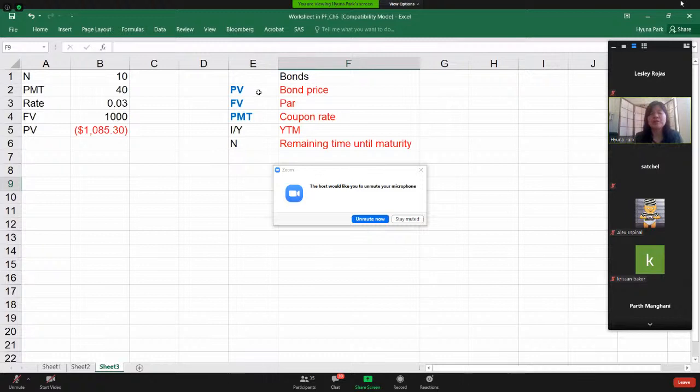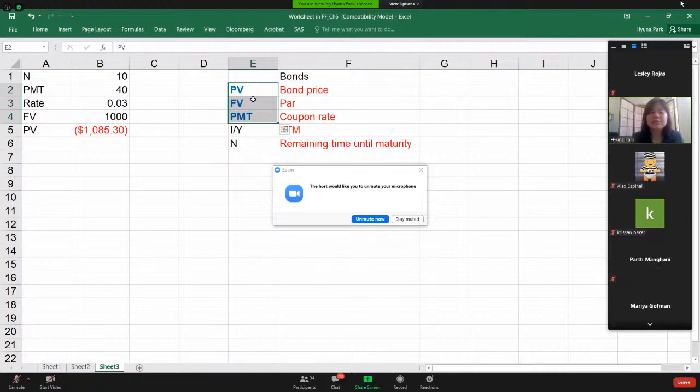So let me repeat the question. In bond calculation, these are 5 inputs, and 3 of them are money. And among those 3 monetary items, 1 has the opposite sign. The other 2 have the same sign.